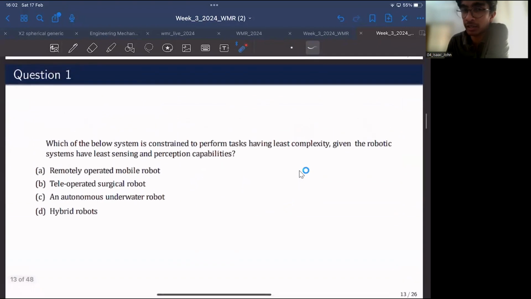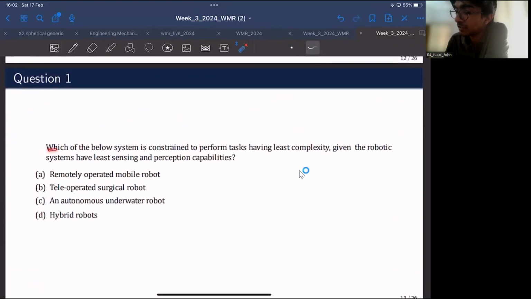Which of the systems below is constrained to perform tasks having the least complexity, given the robotic system has the least sensing and perception capabilities? Is it a remotely operated mobile robot, a teleoperated surgical robot, an autonomous underwater robot, or hybrid robots?